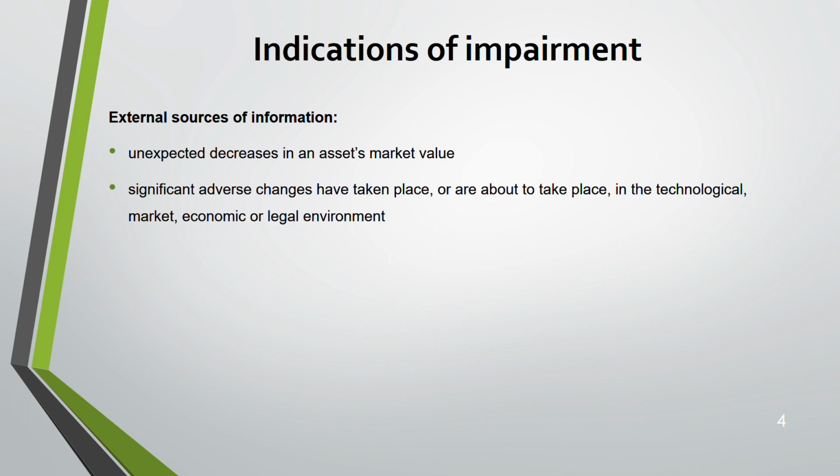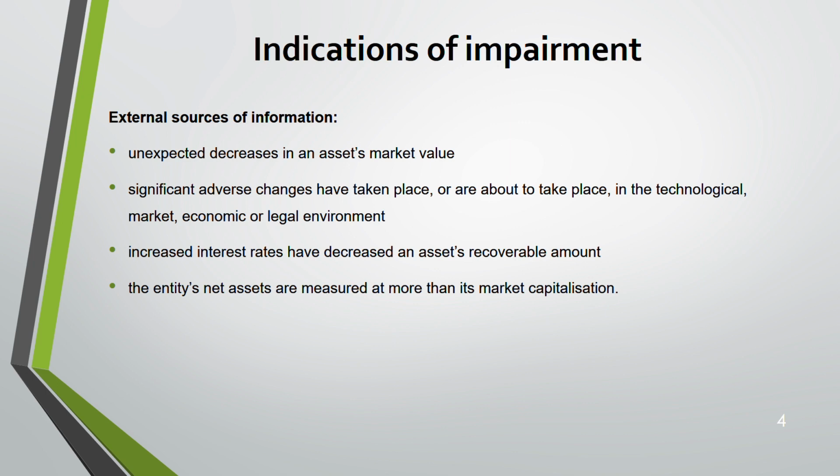Or there's a significant unfavorable change that takes place, maybe technological change or economic change or legal environment has changed, or there's an increased interest rate. If interest rate increases, your asset's recoverable amount reduces. Okay, or the entity's net assets are measured at more than its market capitalization. These four are external sources of impairment.